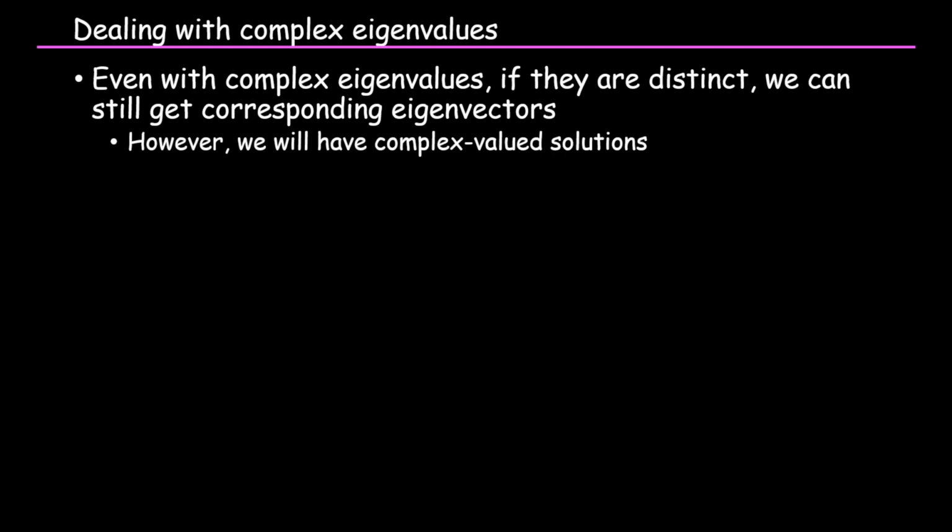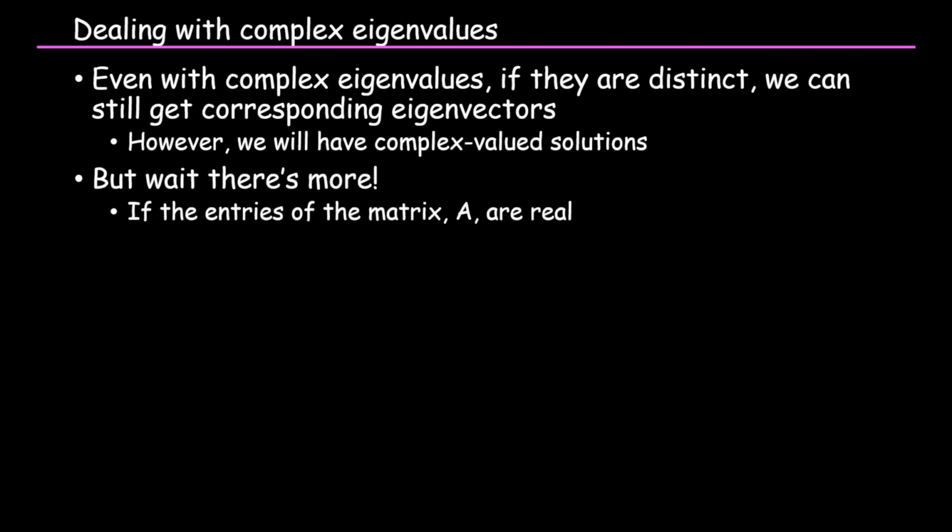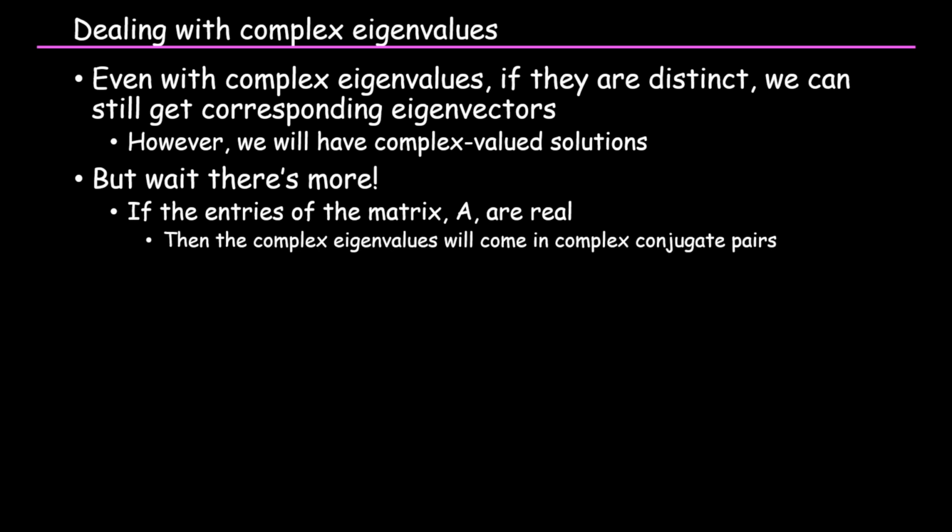So it's nothing new. It's the same thing. There's a little catch to that. Obviously, the first one is that we'll have complex value solutions, but if the entries of the matrix that we are finding the eigenvalues for contain real numbers, so that means anything that doesn't involve the square root of -1, then these complex eigenvalues will come in complex conjugate pairs.